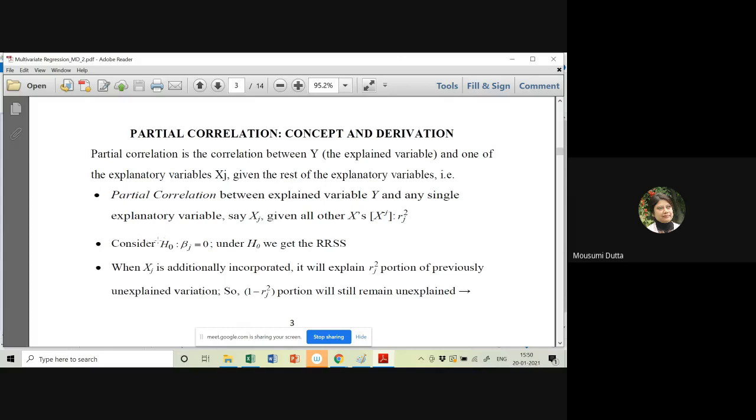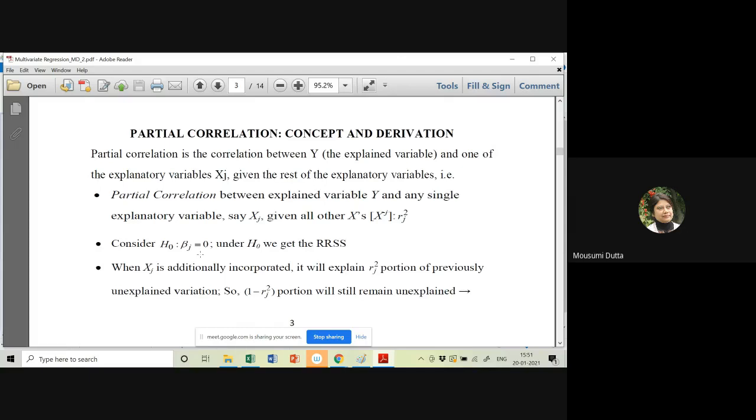Now, if we consider a null hypothesis, say beta j is equal to 0, under H naught, that is, if I consider this restriction is true, instead of RSS we are getting RRSS, restricted RSS.